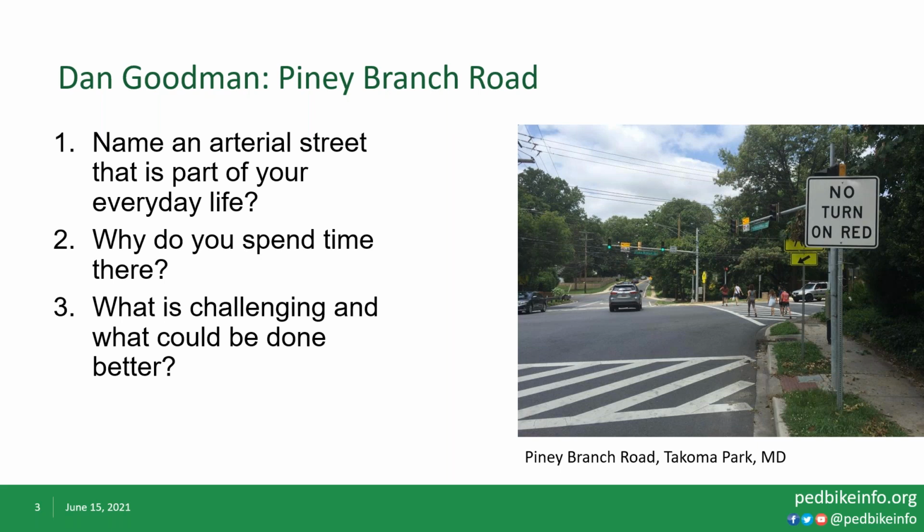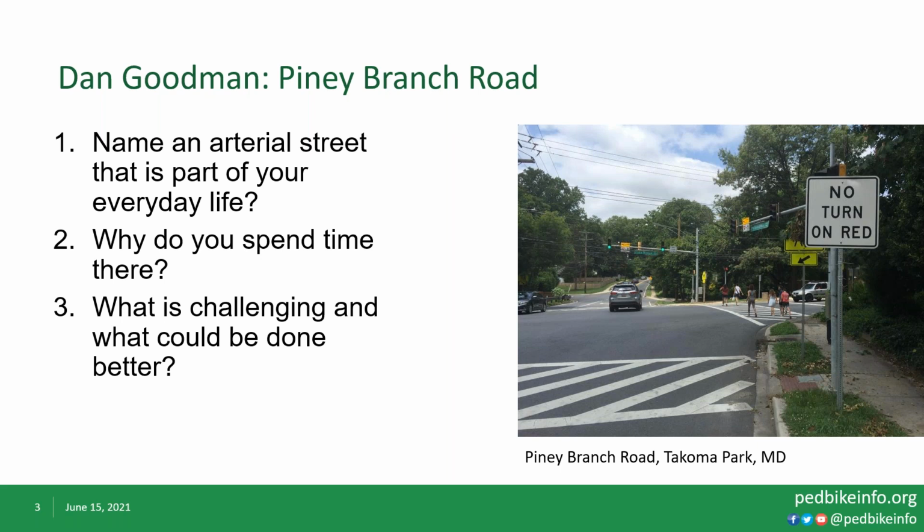So Piney Branch Road, for me, the dynamic that I want to describe is my kids crossing at the crosswalk with the pedestrian walk signal. This is them here on the right. There are 3 potential conflicts that happen every time we cross this intersection, which is 2, sometimes 4 different times a day. There's the car in the foreground that is turning right, conflicting with the pedestrian movement that has the pedestrian walk signal.